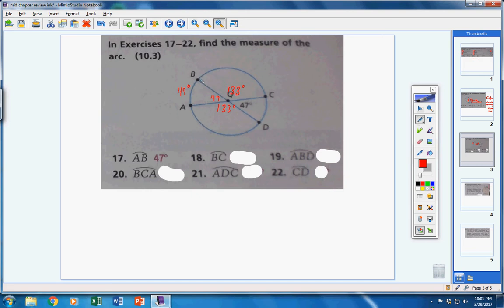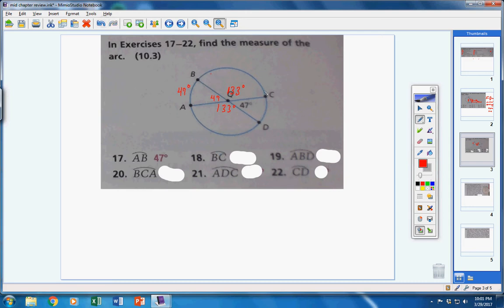BC. Now here's BC from here to here. Some of you might say, Mr. Aaron, how do you know it doesn't go from here to here? Because any arc bigger than half of a circle, you have to use 3 letters to symbolize that arc. And we only have 2 letters.